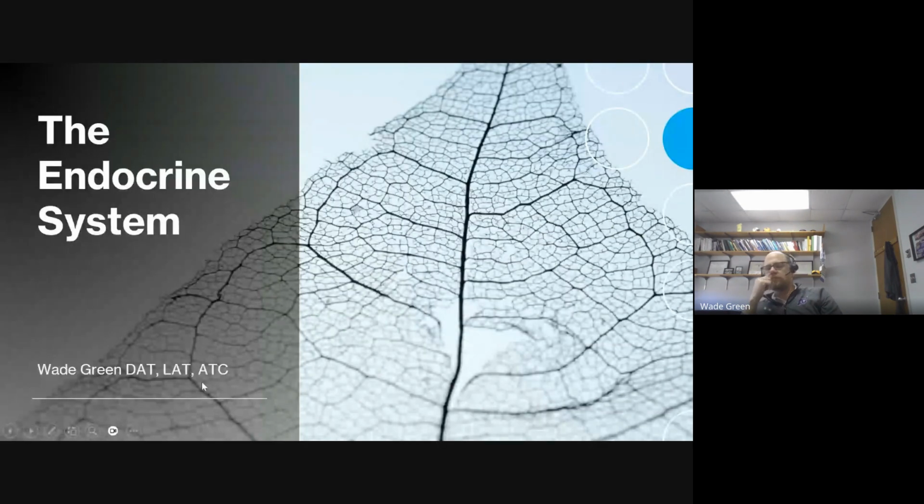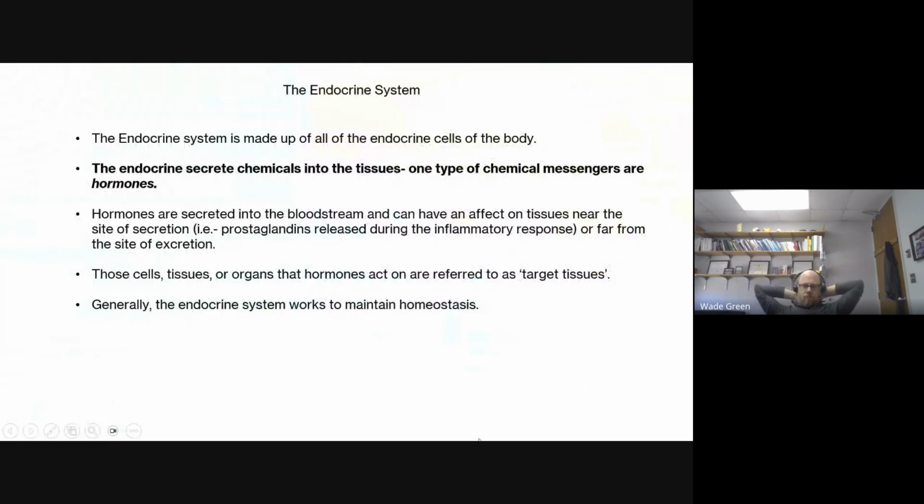Okay. So guys, the endocrine system. This is going to be just a very basic overview, right? And then we're going to just kind of get into some terms, and then that'll be it. Okay, so obviously, when we talk about the endocrine system, we are really talking about multiple endocrine organs. The endocrine system is obviously made up of all the endocrine cells in the body, right?